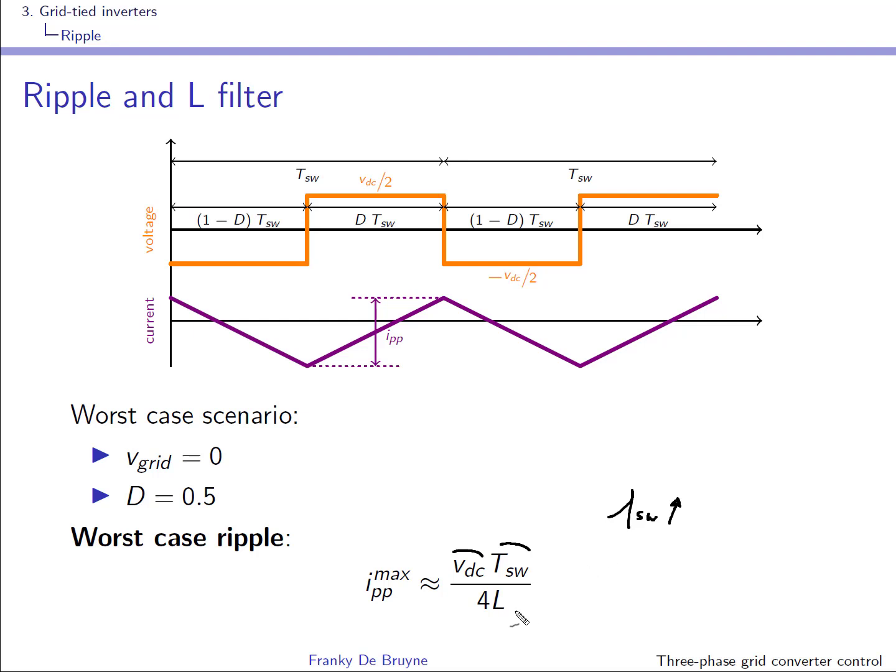A third parameter you can play with is the inductance, but again there, if you increase the inductance you make it more difficult to influence your current. So again there are limits for the inductor value, so we'll see that we'll have to do something else, and this something else is to implement an LCL filter.